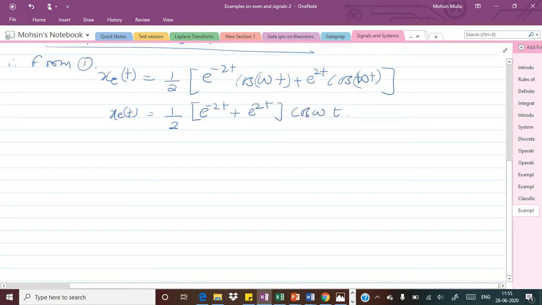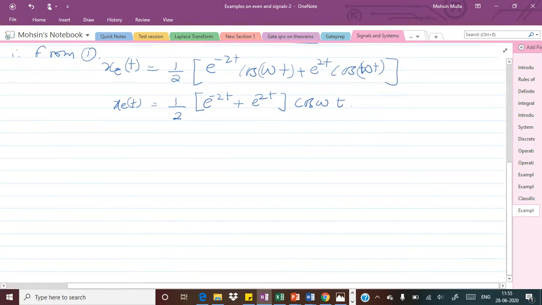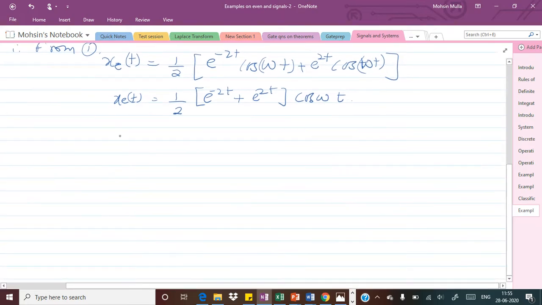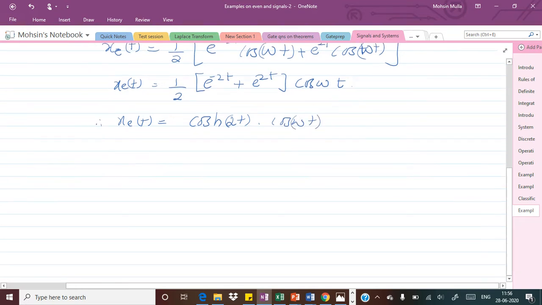Now this 1 divided by 2 into e raised to minus 2t plus e raised to 2t is nothing but a cos hyperbolic function, so it will become cosh of 2t into cos of omega t as it is. So this is what we get as the even component.